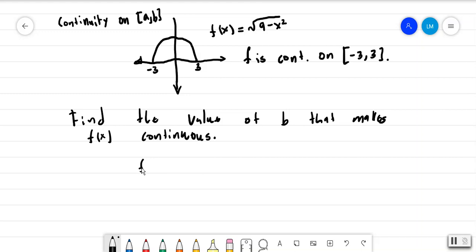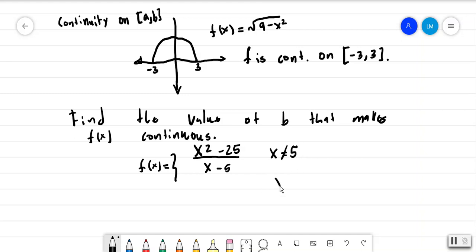So let's say that you have a function f of x and it's defined in the following way. You have x squared minus 25 divided by x minus 5, and this is for when x does not equal 5.